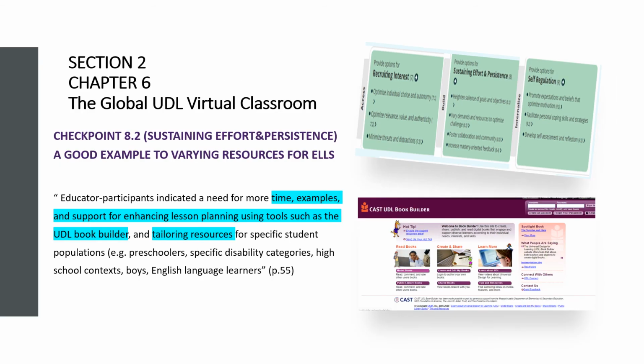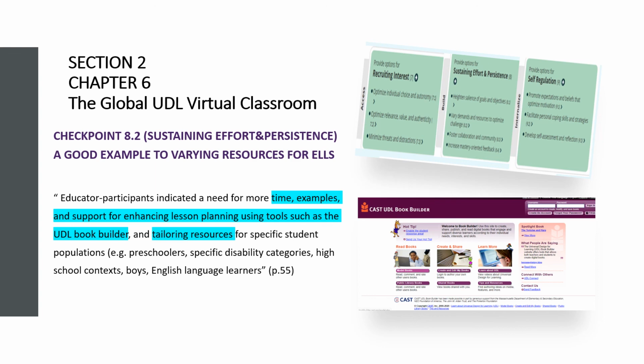So my last example is from section 2, chapter 6, the global UDL virtual classroom. In this chapter, sustaining effort and persistence. In that category, checkpoint 8.2 is highlighted, and this is a good example of the importance of varying resources for English language learners.